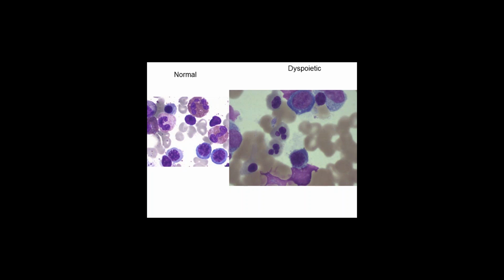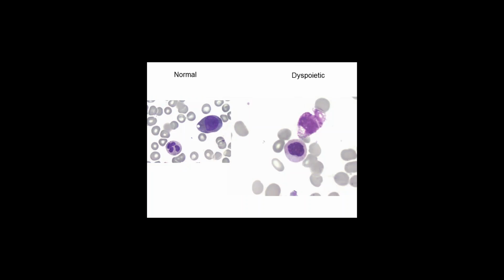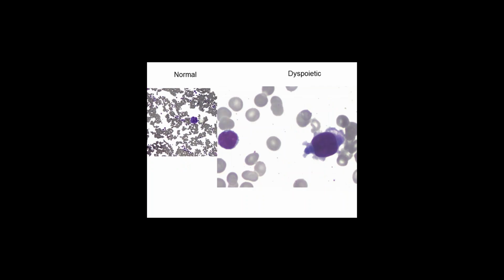The nuclear budding, multinucleation, irregular nuclear contour, cytoplasmic vacuolation, then ring sideroblasts. These are the features of dyserythropoiesis. This is a classical dysplastic metamyelocyte, the normal myelocyte and a dysplastic myelocyte. This again is a feature of a dysplastic megakaryocyte.